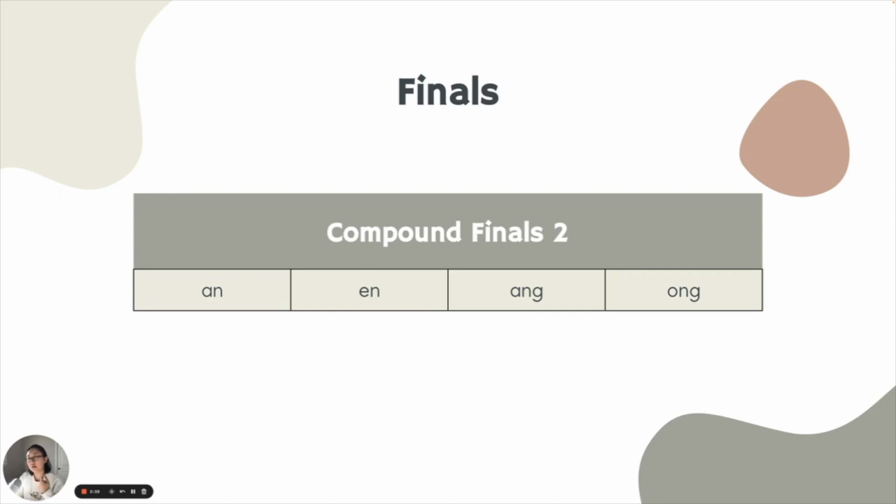You need to shape your lips a little bit to be able to pronounce this pinyin, ong, okay? So let's take a look at these four again. You pronounce it first. It's an, then en, and then the next one, ang, then the last one, ong, okay?